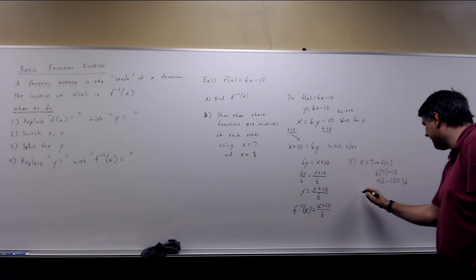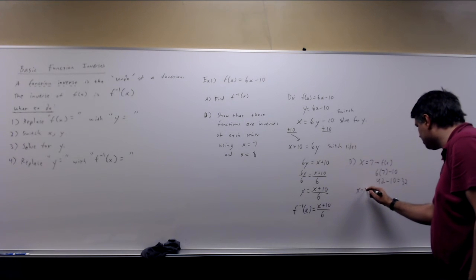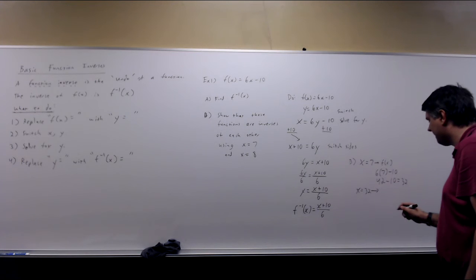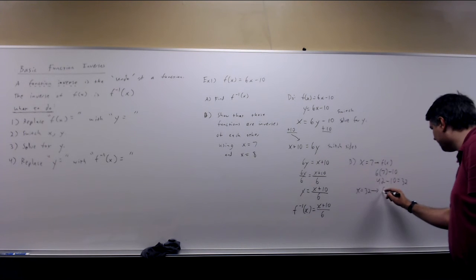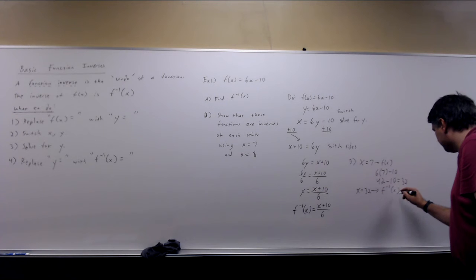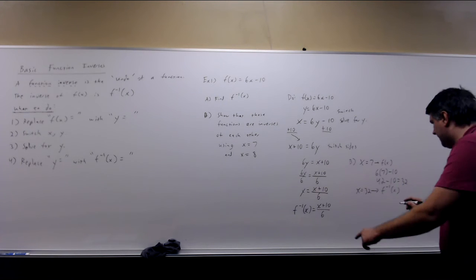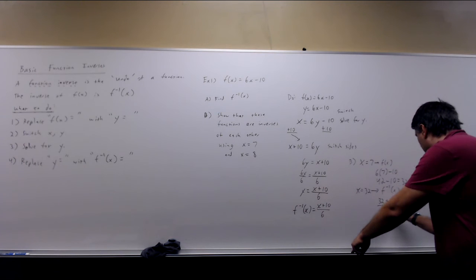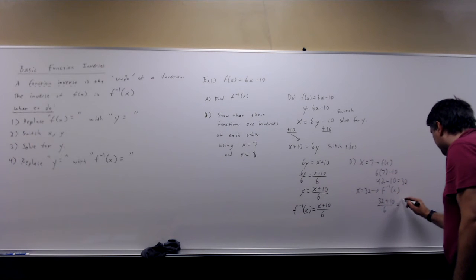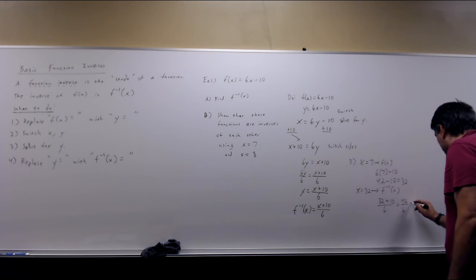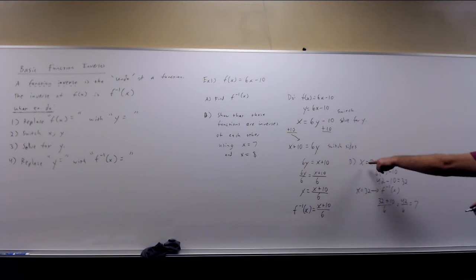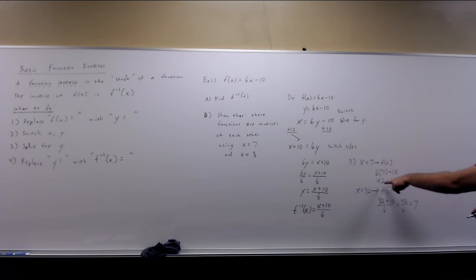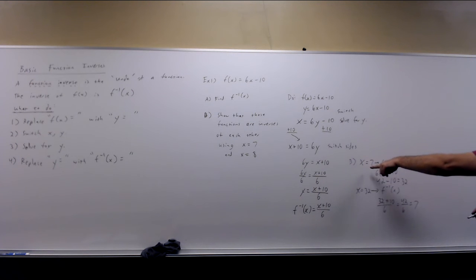I will now take x equals 32 into f inverse of x. So that's going to be 32 plus 10 over 6. And I end up with 42 over 6, which is 7. I came full circle. I start with x equals 7, I got 7 back.